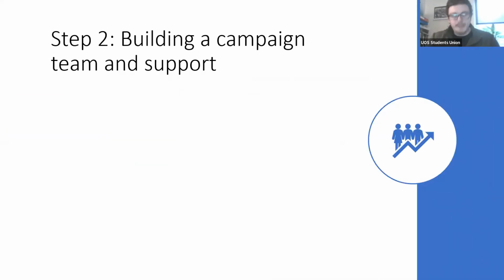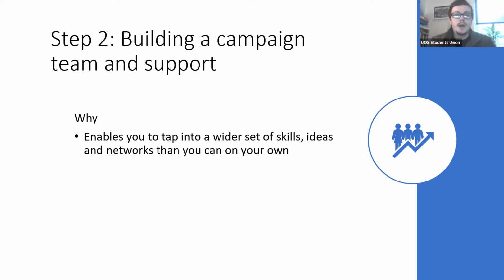It's always really helpful if you can bring other students into your campaign team to help with your key tasks. If you really want to be getting high numbers of students voting for you, you're not going to be able to do all of it on your own. You're going to need to get support from friends and classmates. It's really useful because it helps you tap into a wider set of skills and ideas.